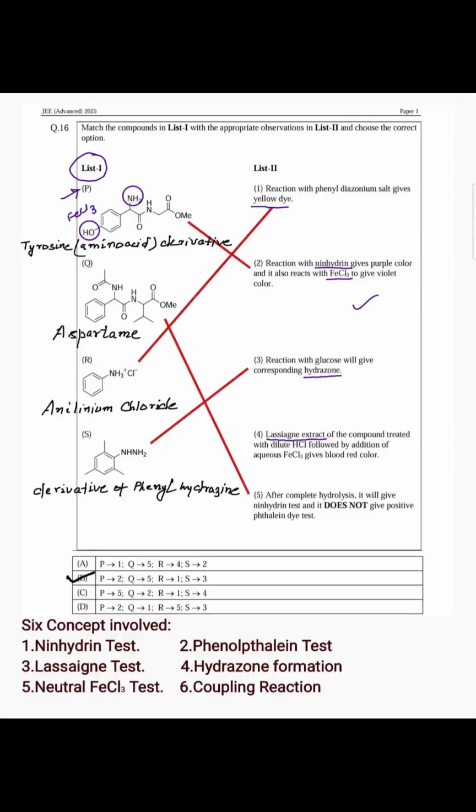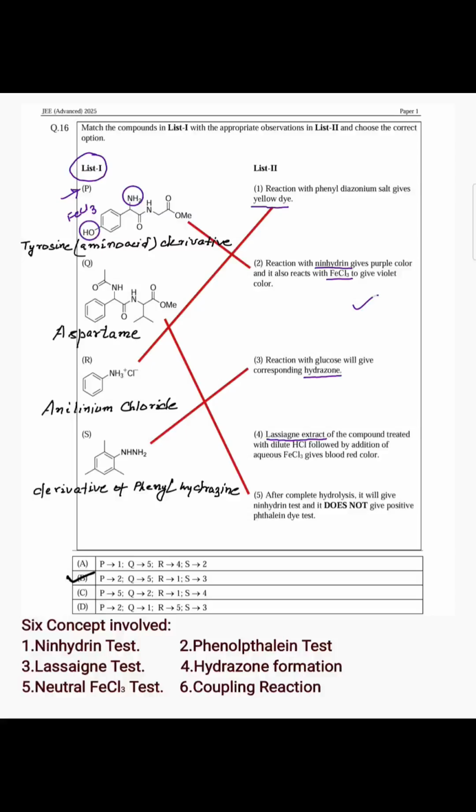Q matches with 5, because in case of 5 you can see that after complete hydrolysis this is going to give a ninhydrin test, as after hydrolysis you will get a free NH2 group. If we get a free NH2 group, then it will give the ninhydrin test. So Q matches with 5, and R matches with 1. R matches with 1, why?